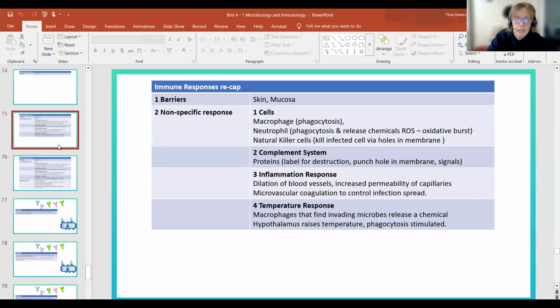Then the next thing is the non-specific response. So this is what kicks in if those barriers are breached. So if we get a cut and the skin barrier is breached, if we inhale something that manages to get through the mucus in our lungs, or if we eat something and the bacteria that we ingest manage to get through somehow, then these non-specific responses kick in.